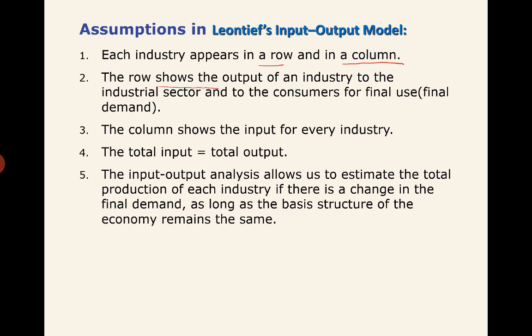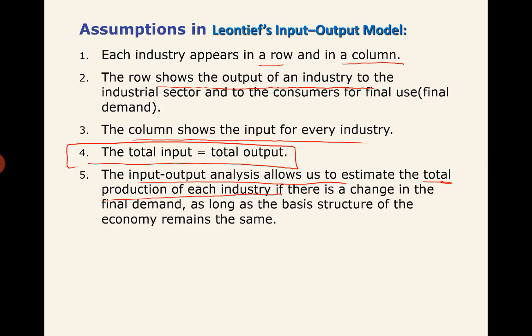The row shows the output of an industry and the column shows the input of the industry, and a major assumption is that total input is equal to total output. The input-output analysis allows us to estimate the total production of the industry, which we call X, if there is a change in the demand matrix D.